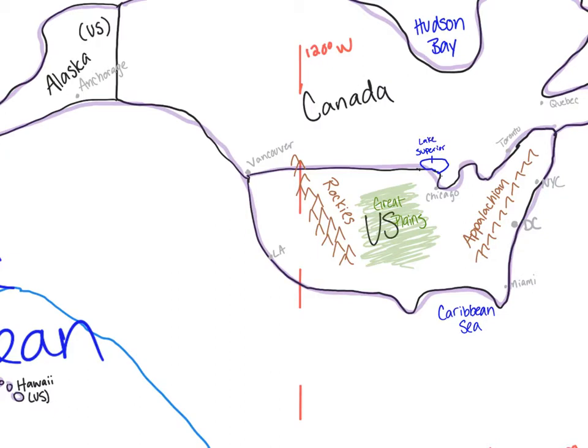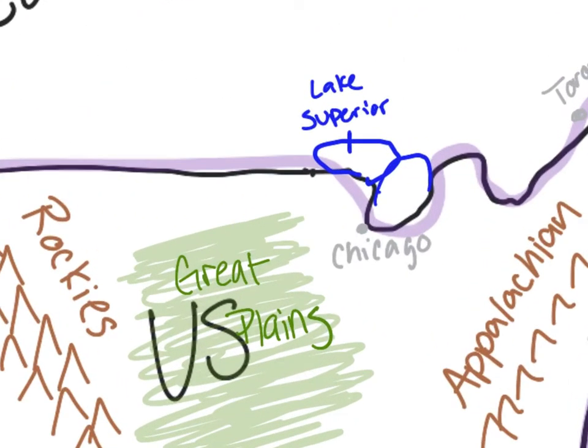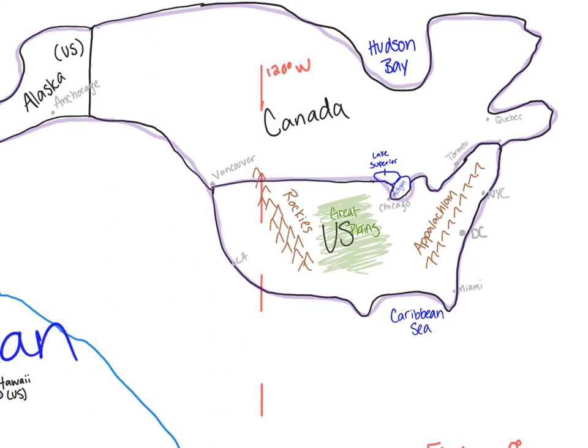The one that Chicago touches is Lake Michigan. I'm going to zoom in. This is Lake Michigan. And then Lake Huron is the next one that kind of is on the top of Michigan, kind of.